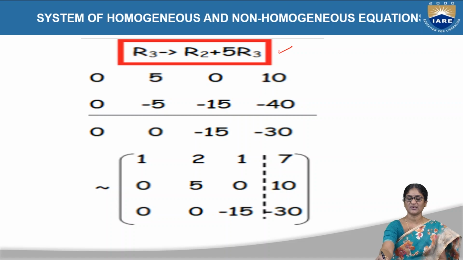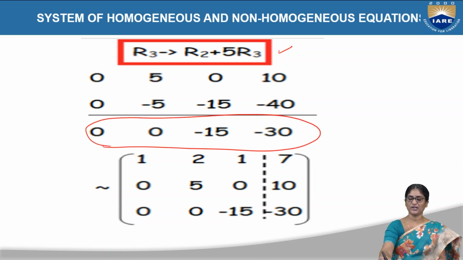That is nothing but 0, 5, 0, 10; 0, minus 5, minus 15, minus 40; giving 0, 0, minus 15, minus 30. These values have to be replaced in the third row. You're going to get 0, 0, minus 15, minus 30, and you can see that here it is in perfect echelon form.